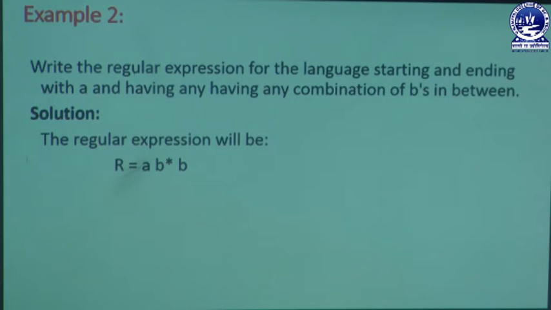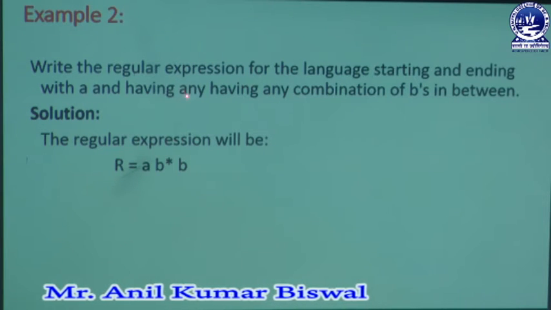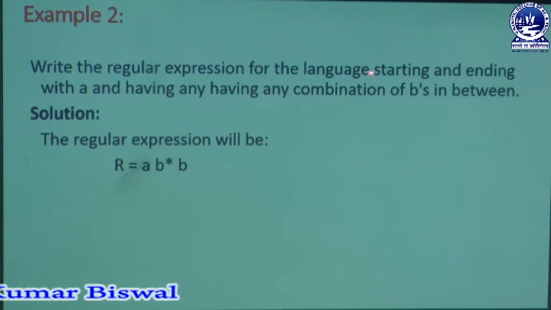In example 2, write the regular expression for the language starting and ending with a and having any combination of b's in between these two parts. So the regular expression should be written as a, a single a, because we never have more than one a. The first should be a single a and it ends with a single a.